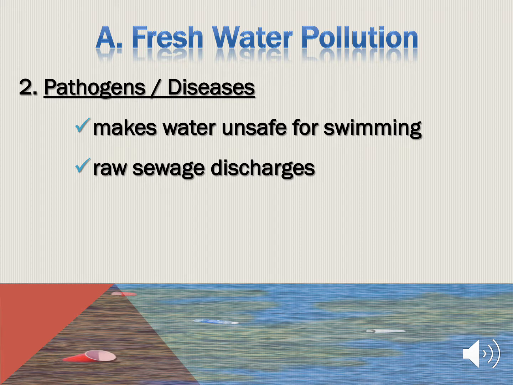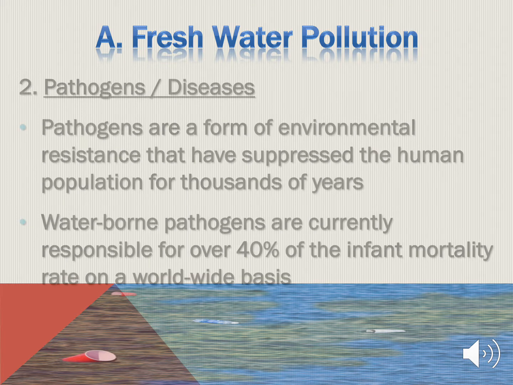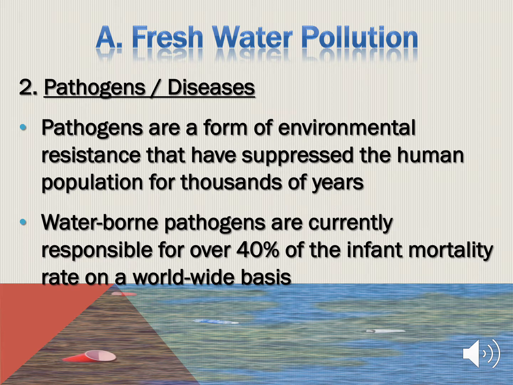If we look at the history of humans, we know that throughout history, pathogens have been a form of environmental resistance. And this form of environmental resistance has suppressed the human populations for thousands of years. It's one of the things that kept the human population from growing fast for thousands of years.